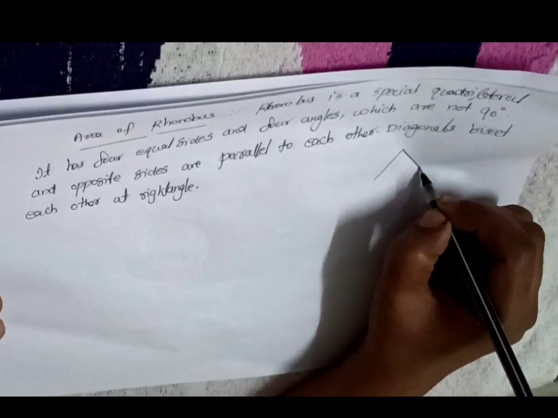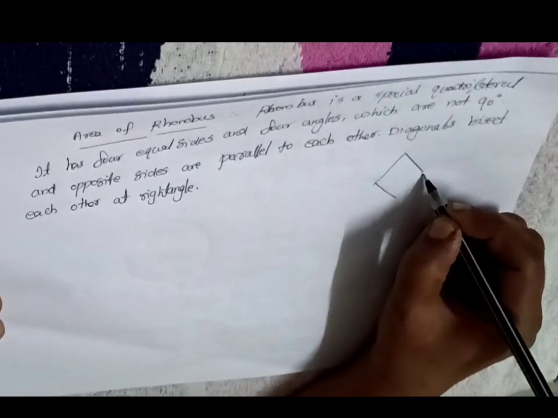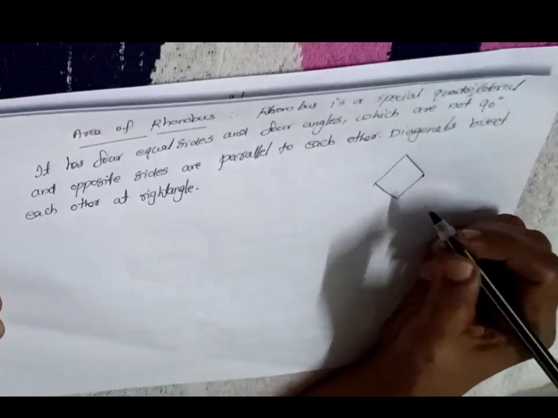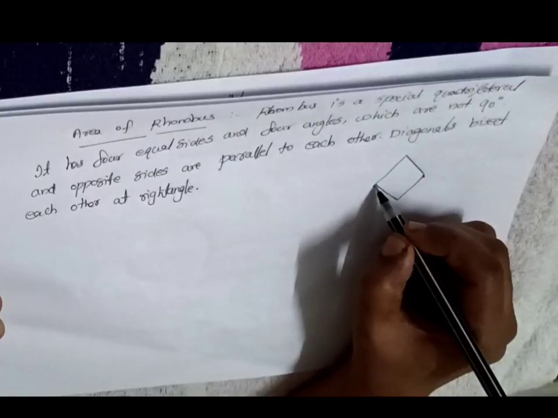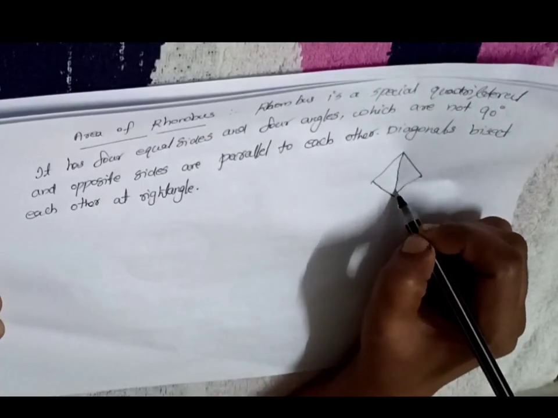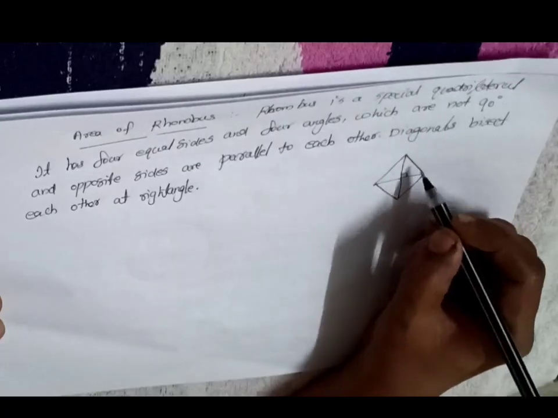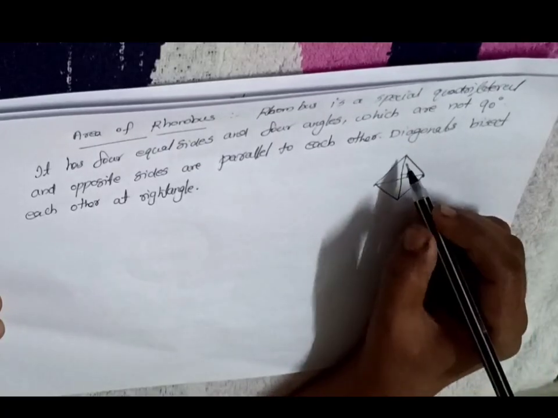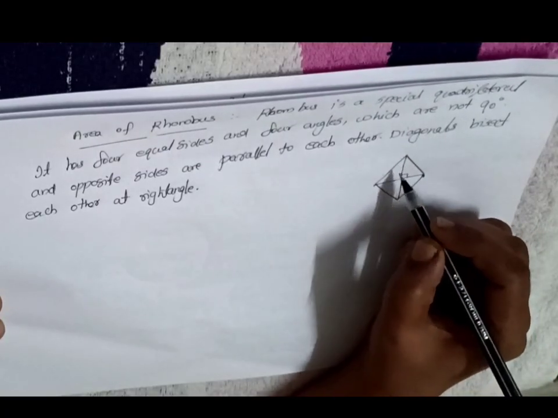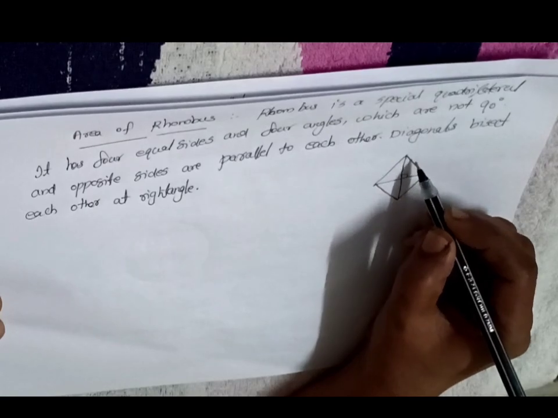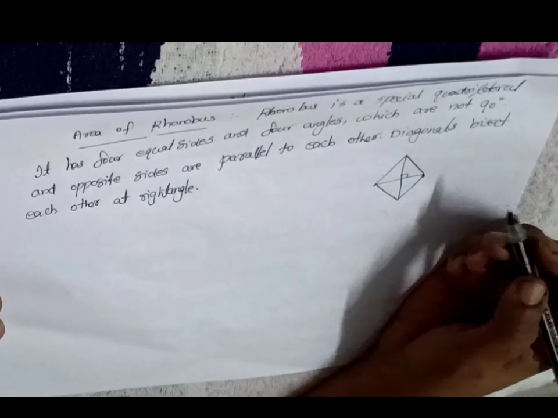It has 4 equal sides, the diagonals bisect each other at 90 degrees, and opposite sides are equal, but its angles are not 90 degrees. If the angles are 90 degrees, this quadrilateral will become a square.